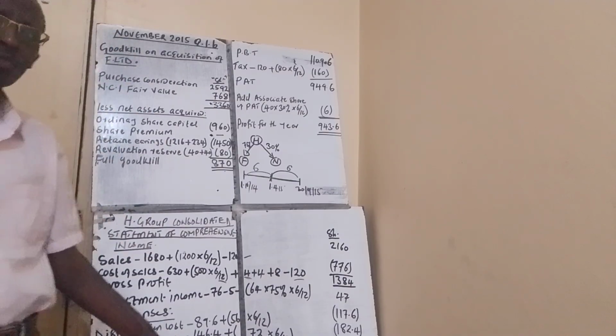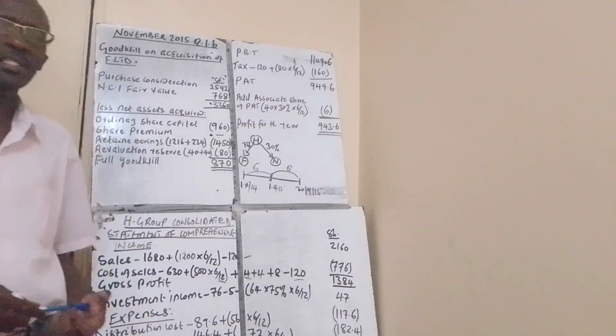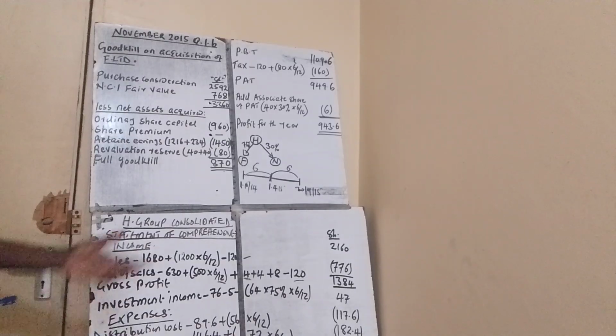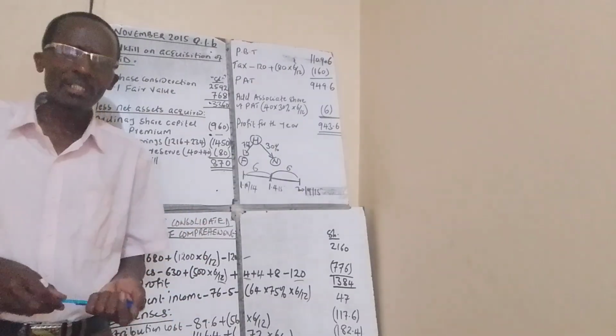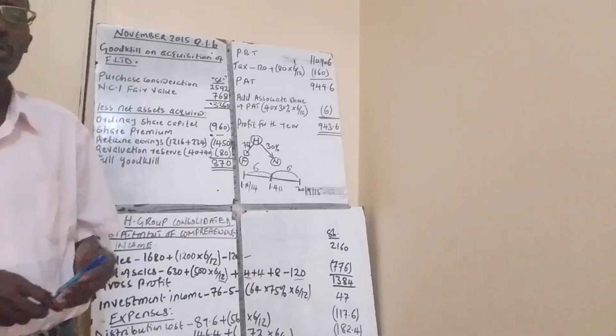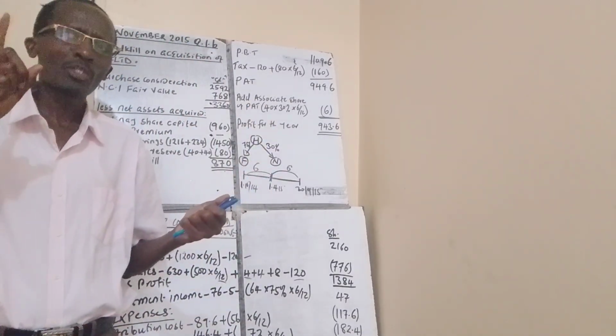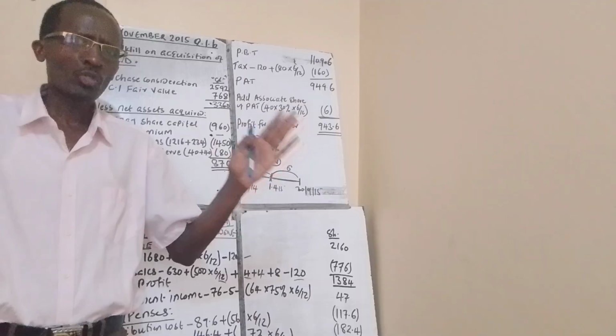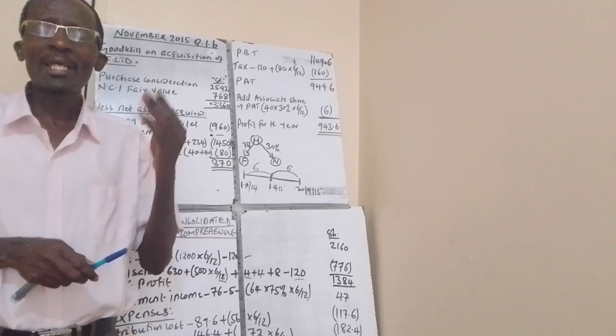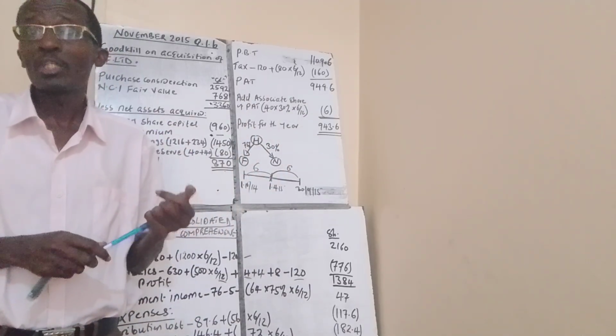So with the calculation of goodwill, I think we are familiar with that portion. And the other part was to do with consolidation of the income statement. When consolidating the income statement, remember you just take the sales of the parent plus that of the subsidiary. Do not consolidate the sales of either the associate or the joint venture.